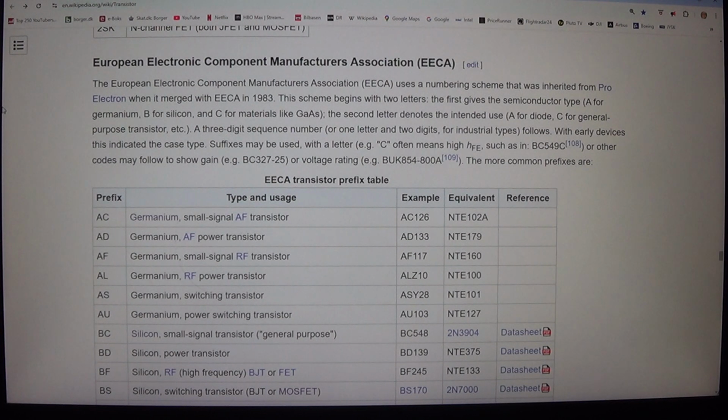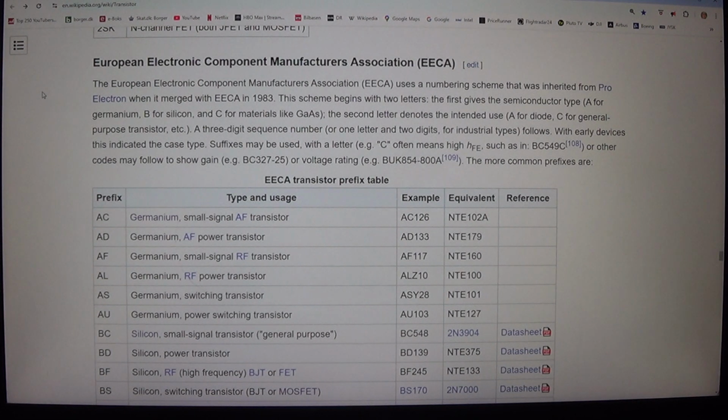The first gives the semiconductor type: A for germanium, B for silicon, and C for materials like GaAs. The second letter denotes the intended use: A for diode, C for general-purpose transistor, etc. A three-digit sequence number, or one letter and two digits for industrial types, follows. With early devices this indicated the case type.